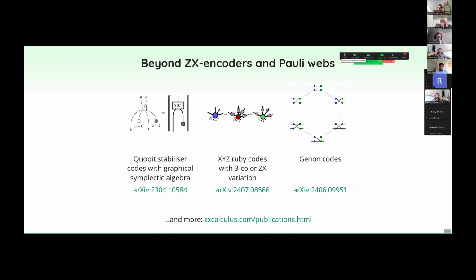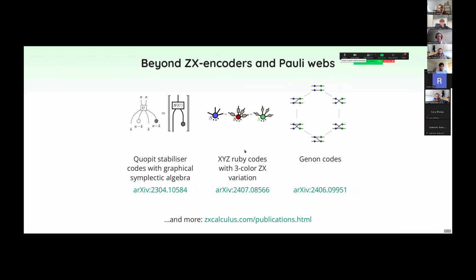There's lots of other stuff in this area, so I just pulled a few recent things. So thinking about qudit odd prime qubit stabilizers, you can actually use something called graphical symplectic algebra to reason about these things. Annoyingly, it doesn't work for qubits for technical reasons, but this gives a calculus for that.